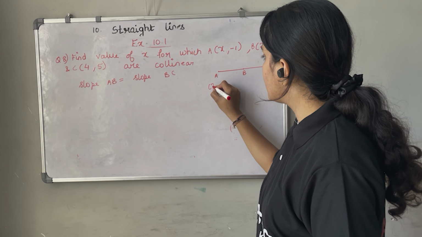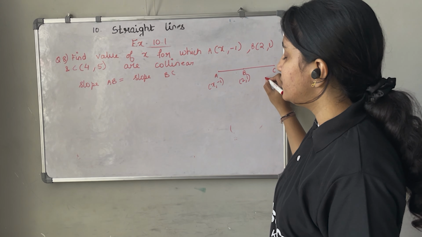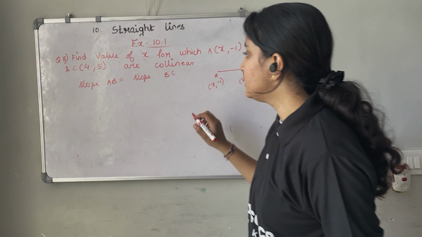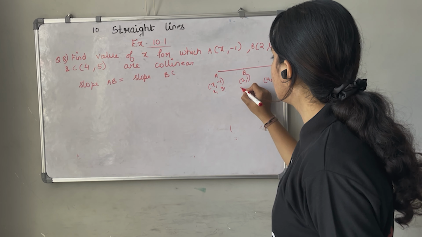A is (x, -1), B is (2, 1), C is (4, 5). For AB, let it be x1 y1, x2 y2.